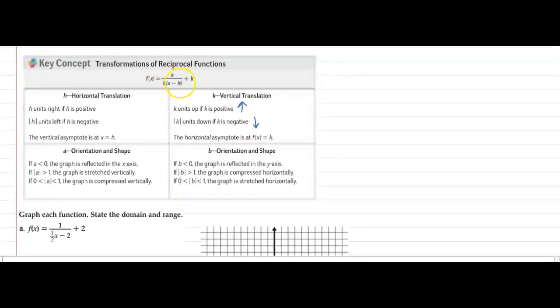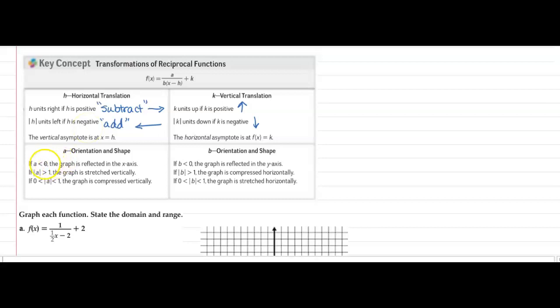Similarly, if we have a number in the denominator next to x and we subtract, it's going to go to the right. And if we add a number next to x, it's going to go left. Remember how the horizontal translations are always the opposite of what you'd think they should be?